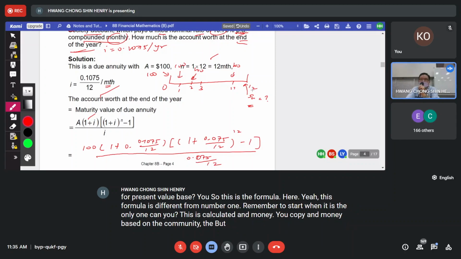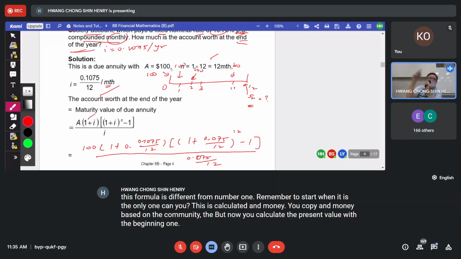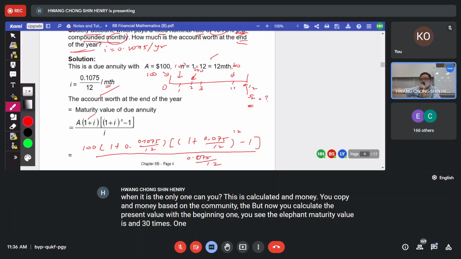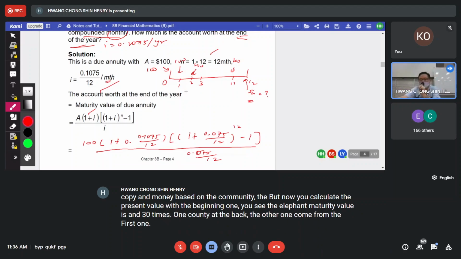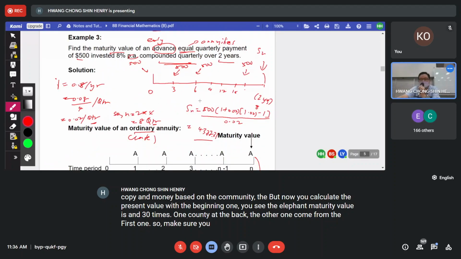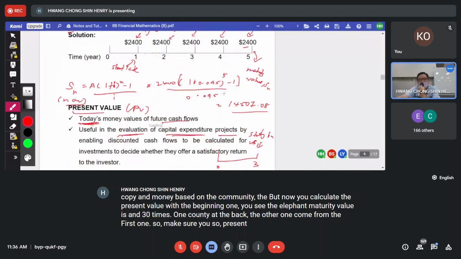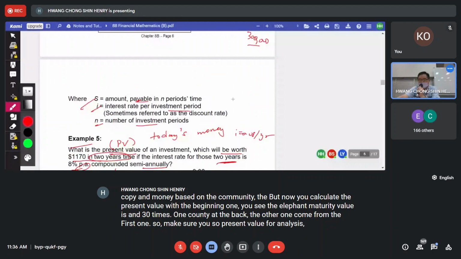But now you calculate the present value, the beginning one. Can you see the difference? Maturity value is the end one, the end period. Present value is the early one. One counts in at the back, the other one counts from the first one. So make sure you don't confuse.